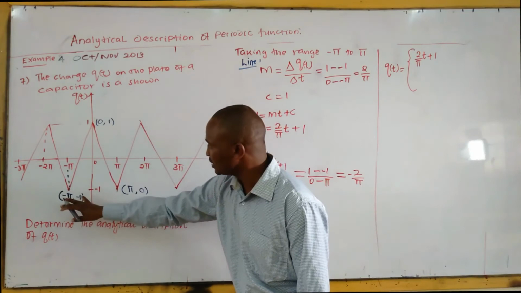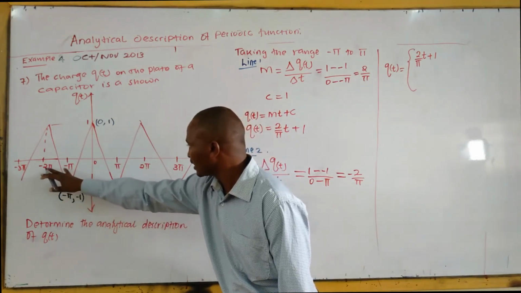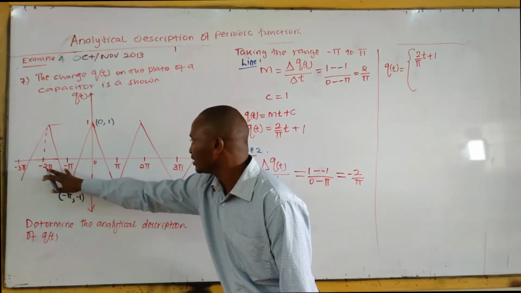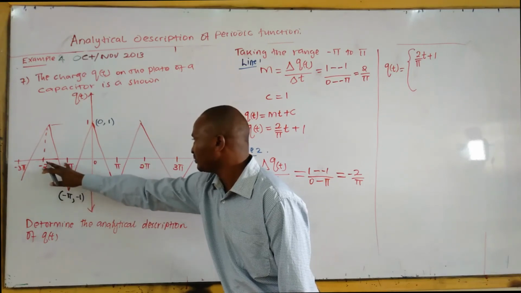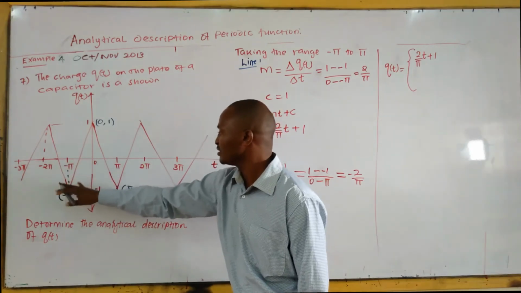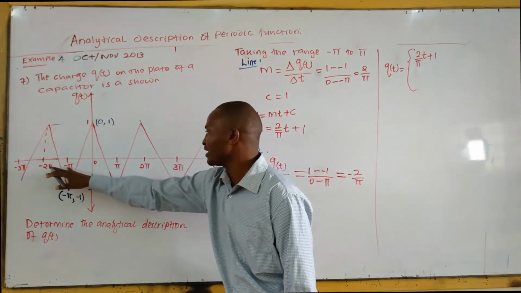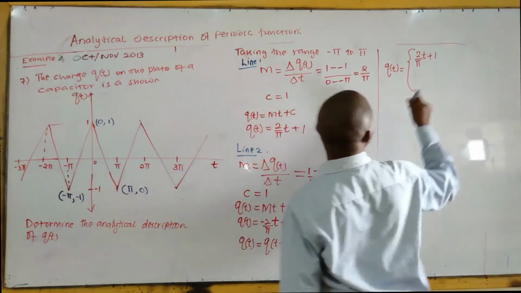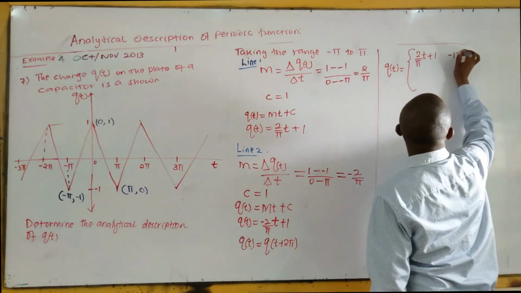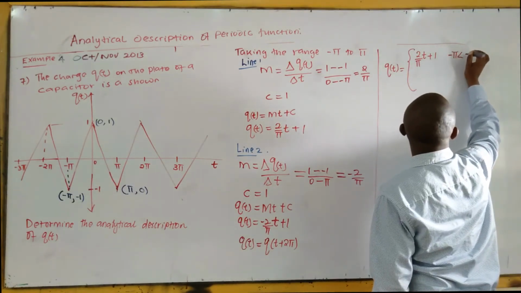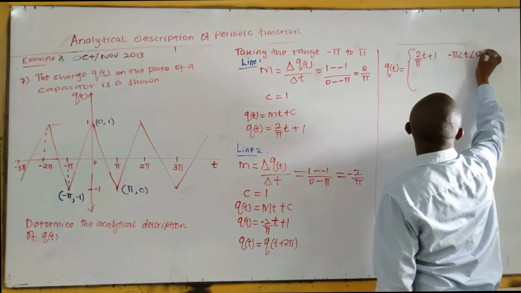For t lies between negative pi and 0. From this line, start at negative pi up to 0. For t lies between negative pi and 0.